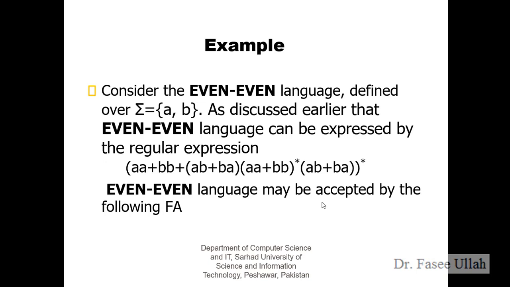Then we have an example of even from the set of strings A and B. Okay, even is, as we know by definition, 0, 2, 4, and so on. This one is even, this one is even, 2 pairs is also even. Then we have to decide where to put the states.